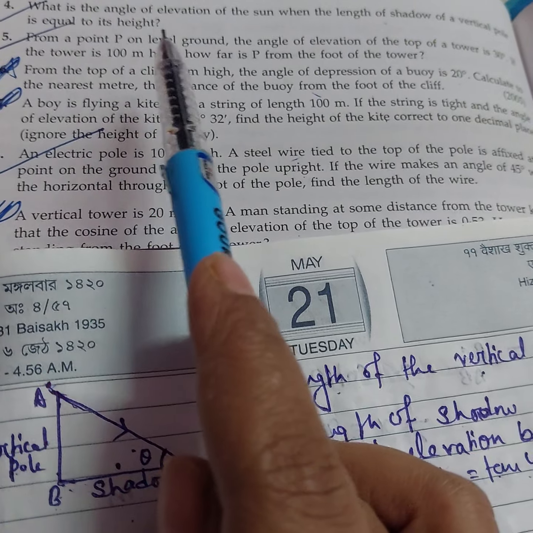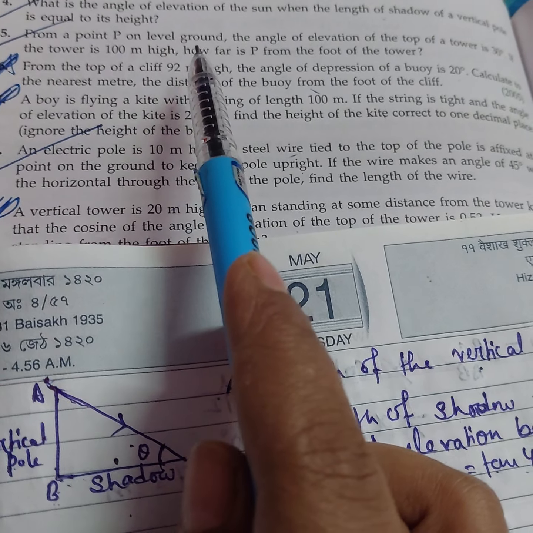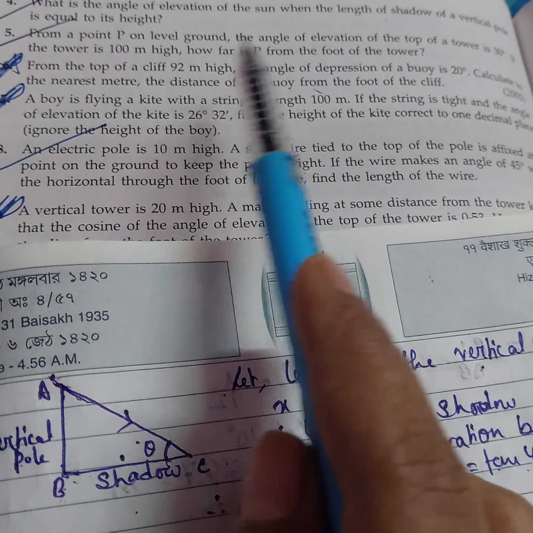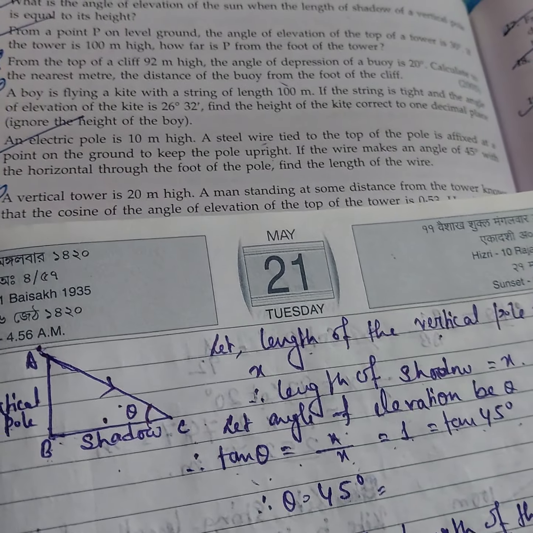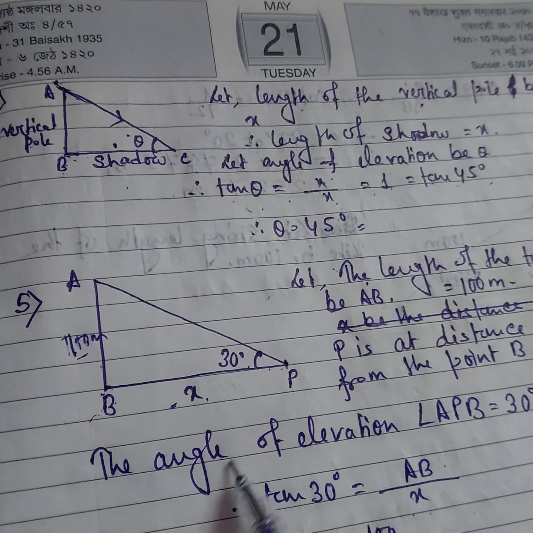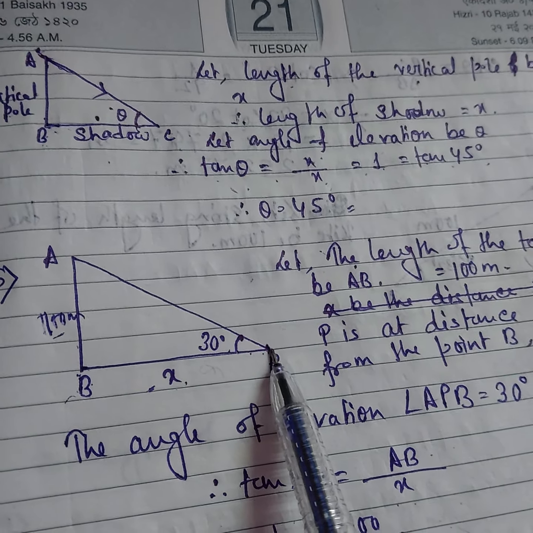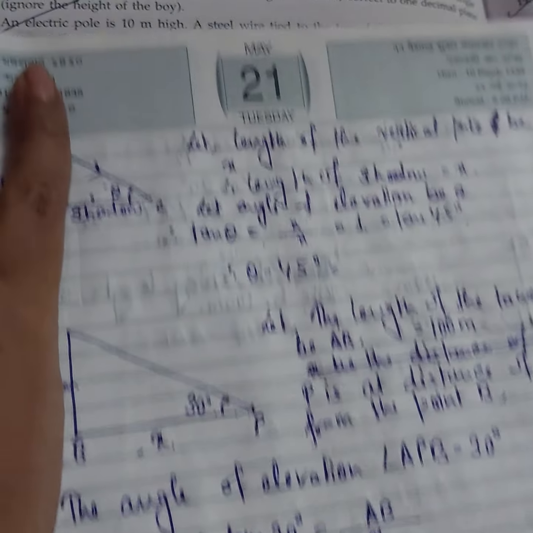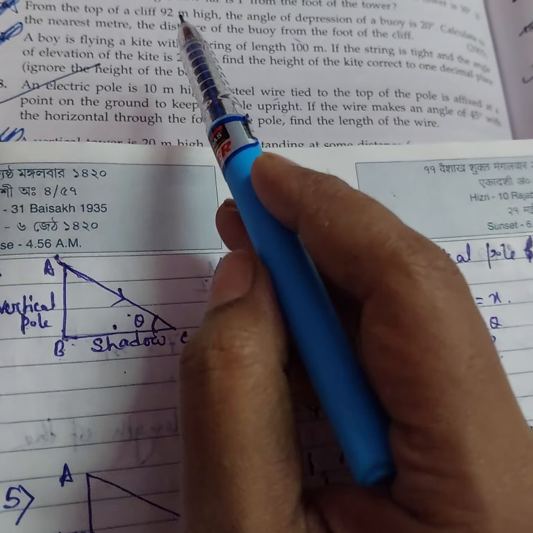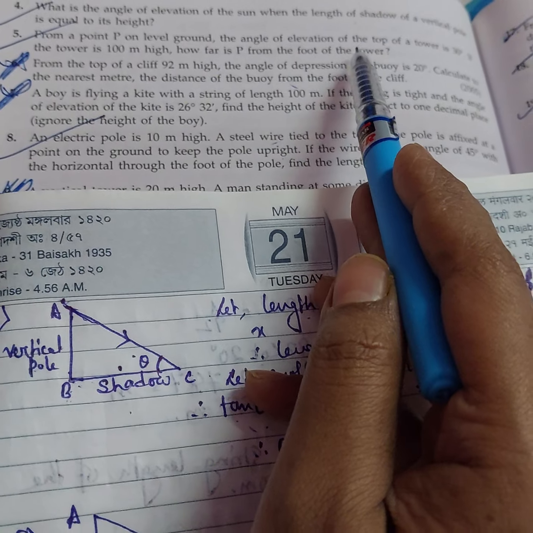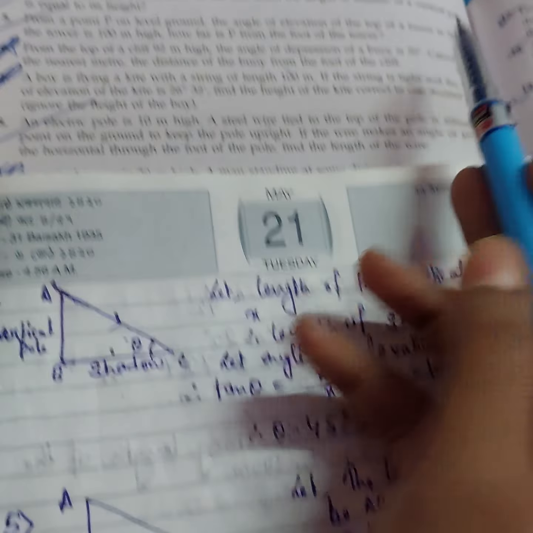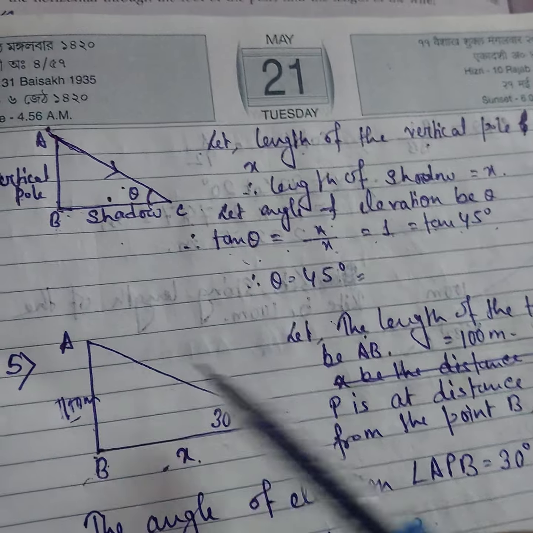So from a point P on a level ground, this is the point P. The angle of elevation of the top of the tower is 30 degrees.